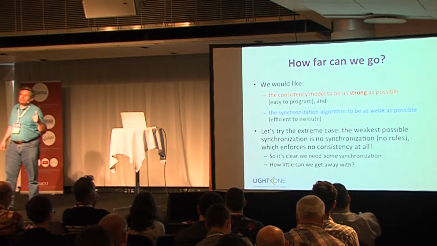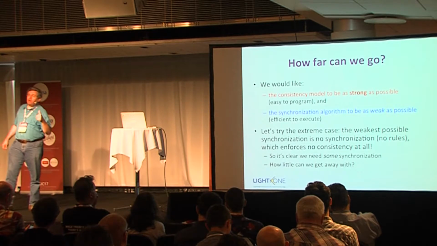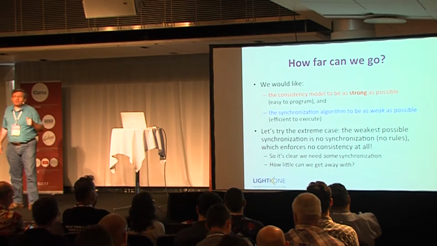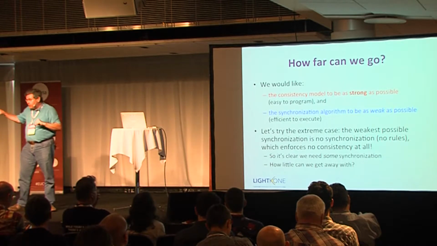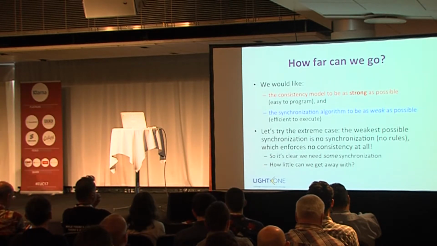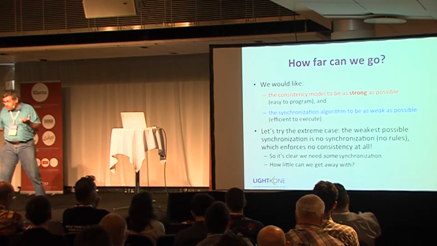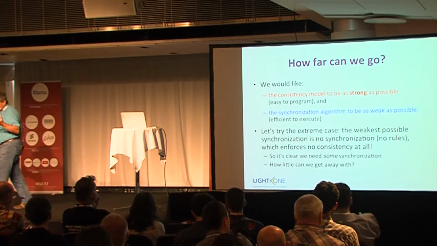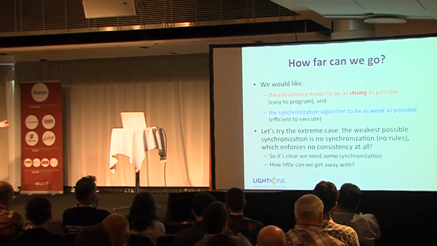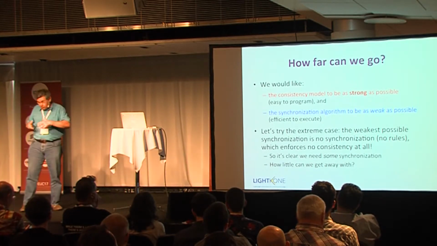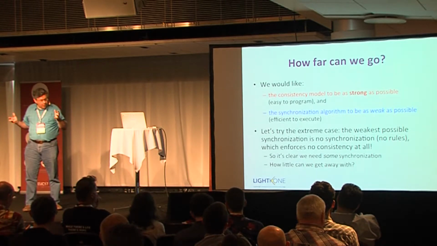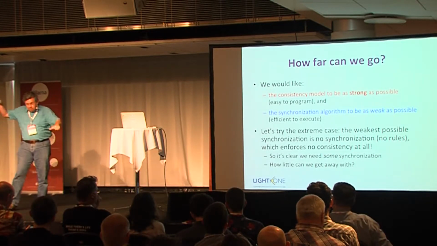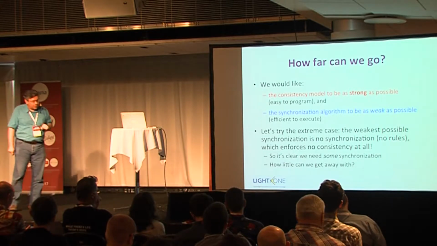We want the consistency model to be as strong as possible, like linearizability or something like that. But on the other hand, we want the synchronization algorithm to be as weak as possible because synchronization is expensive. We don't really want to have Paxos running everywhere, okay, or barrier synchronizations, whatever. Not scalable, it's expensive, and so on. So how can we marry these two tensions?